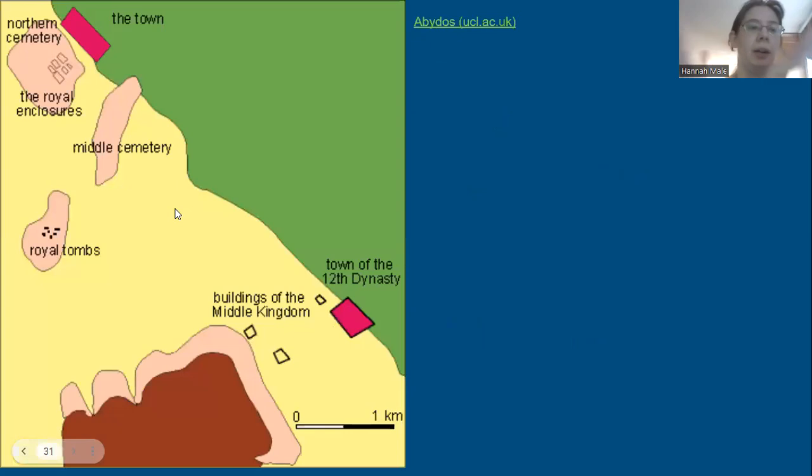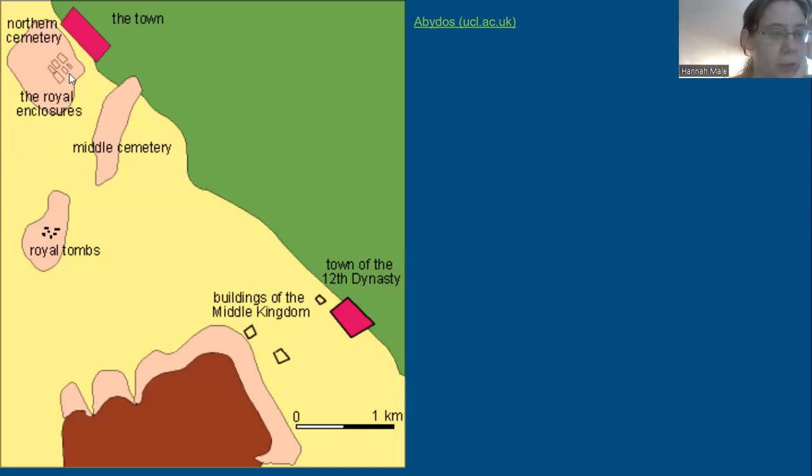So this is Abydos. This is from Digital Egypt, and the site is put out by University College London. And so this has all the phases from its different periods of use. So there is a current town at Abydos, so I think that's what that is. These are the early dynastic royal tombs.